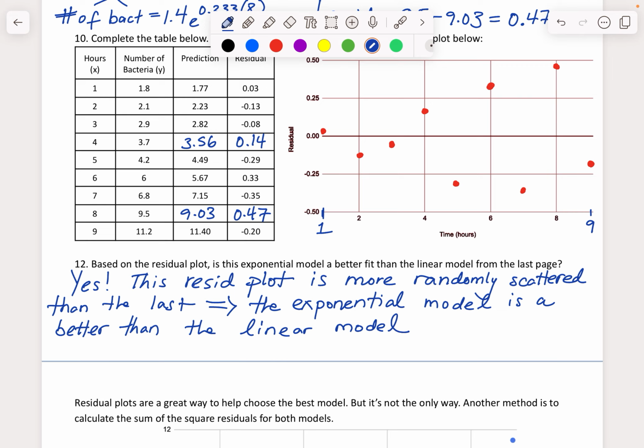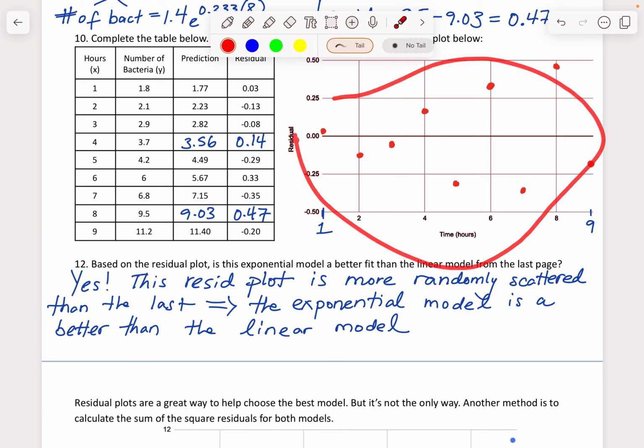Yay. And that's all we're being asked to choose between. We're not saying, is this model perfect? Is this residual plot perfect? We're just being asked, which model is better between these two options? And definitely the exponential one is better.